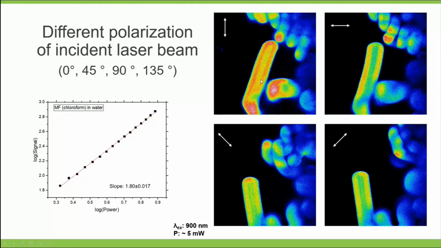So depending on the incident laser beam polarization, we've seen different intensities, which indicated the organization of those nanostructures within the myelin, so with the preferential organization along the phospholipid molecules.